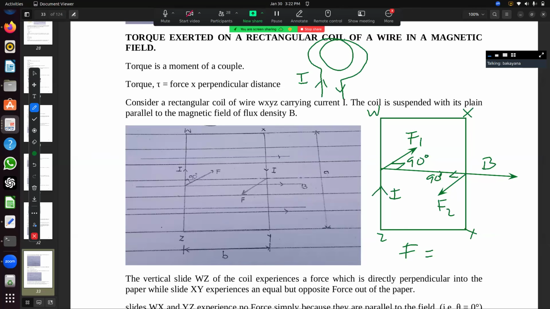But this time, it can be a rectangular coil that carries current in and out. So for simple demonstration purposes, we pick just one rectangular arrangement. Let's say it carries current moving upwards and current coming downwards.